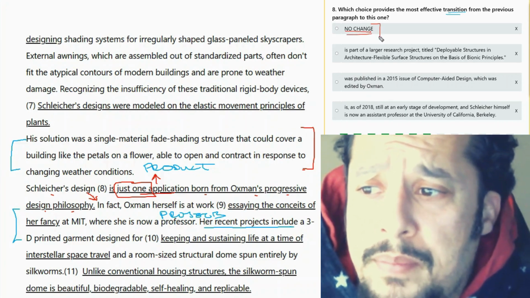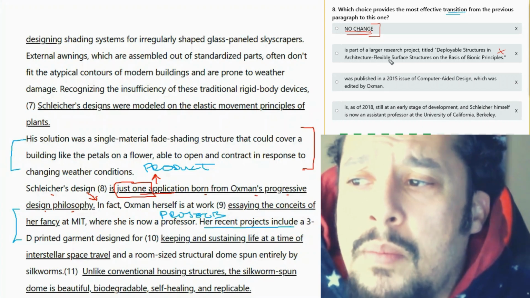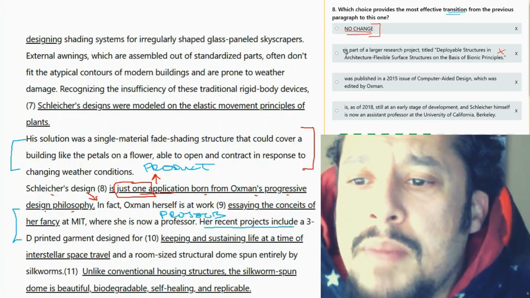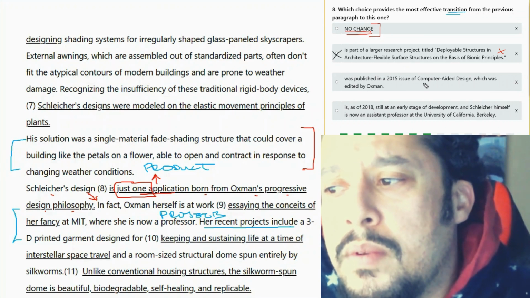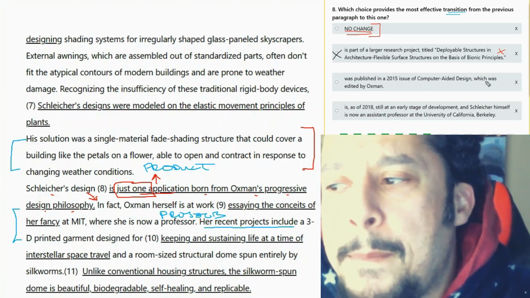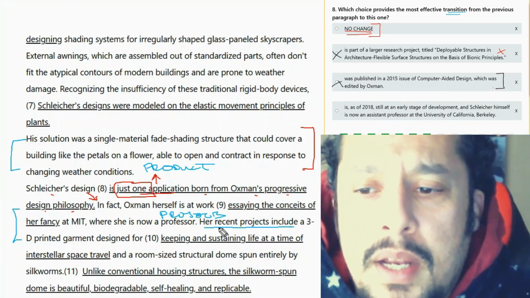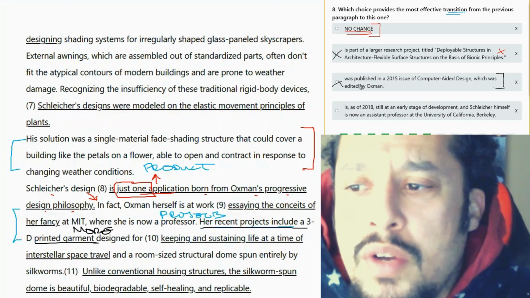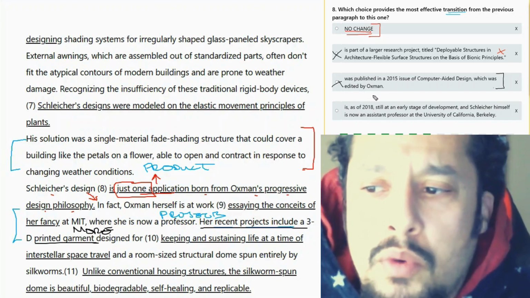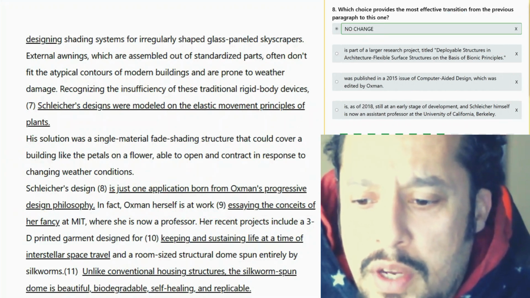So I like answer A. Answer B is not a good transition because it only connects with the information before, not the information after. Again, answer C is not a transition either, because the next paragraph talks about more projects. So we want some sort of introduction telling us about more projects. Answer D is not a good transition. So here we say answer A.